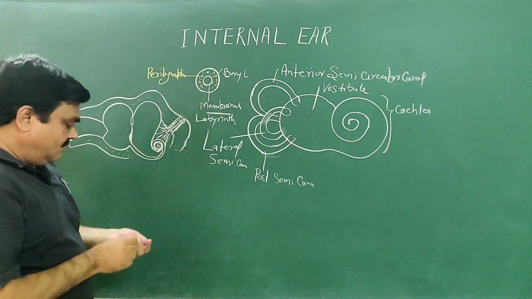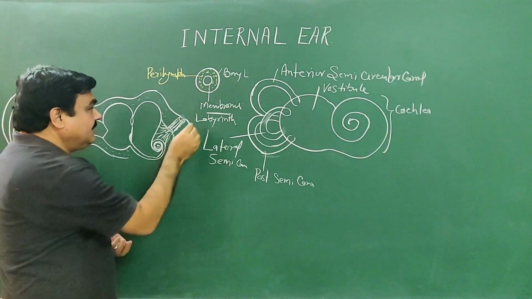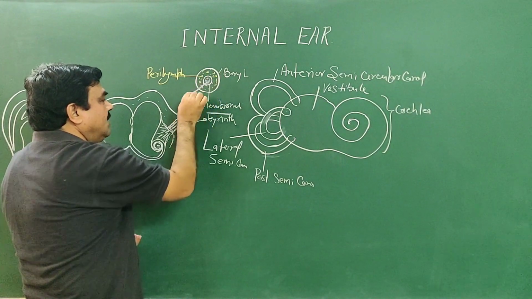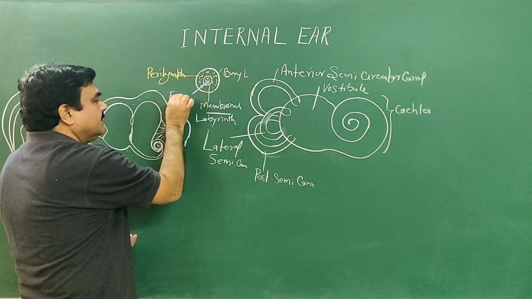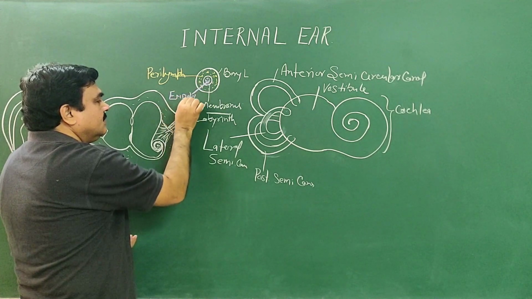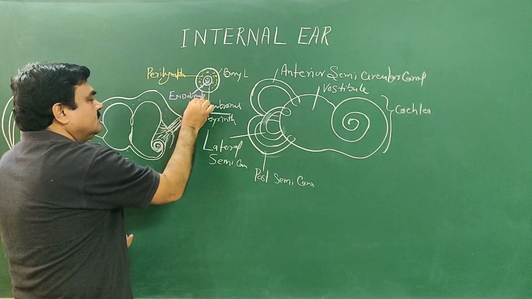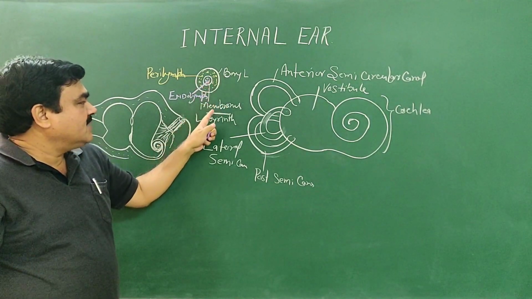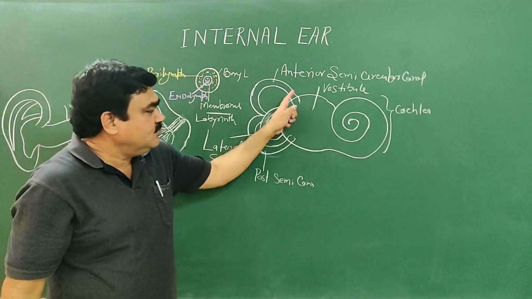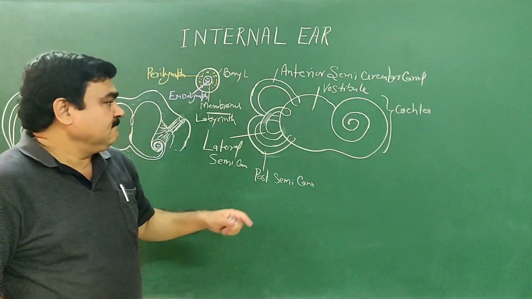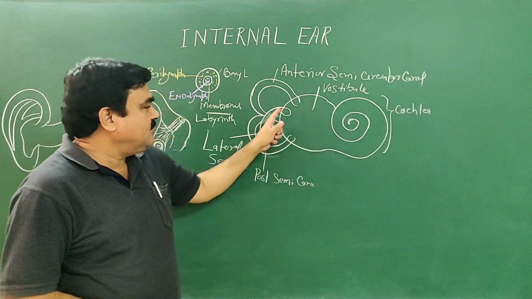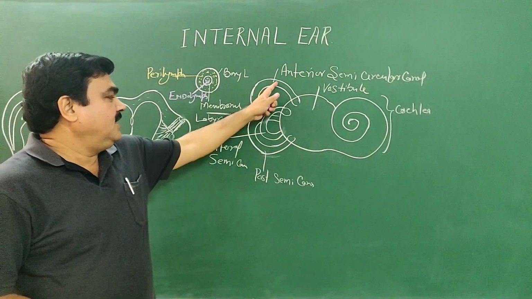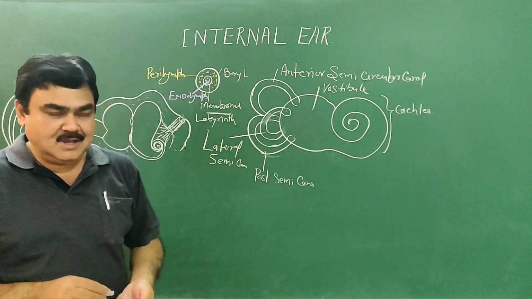And within the membranous labyrinth the fluid is endolymph. So perilymph and endolymph, bony labyrinth and membranous labyrinth. In this diagram, from anterior to posterior: cochlea, vestibule, and semicircular canals. Three semicircular canals: anterior, posterior, and lateral.